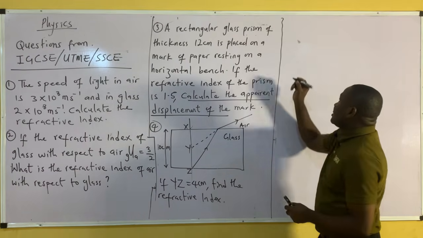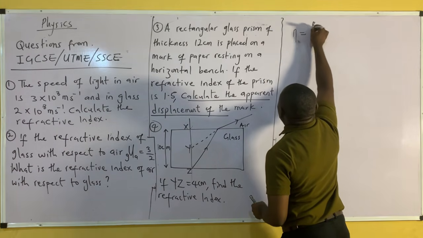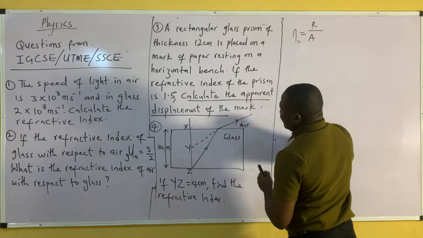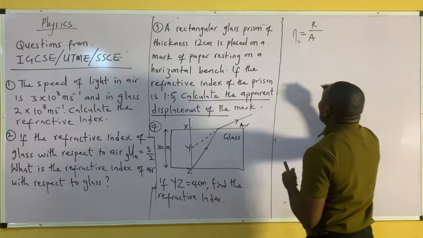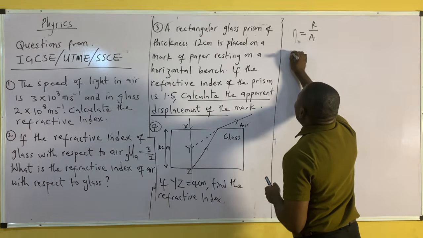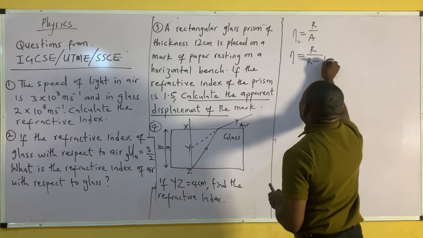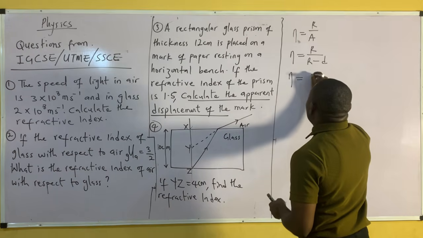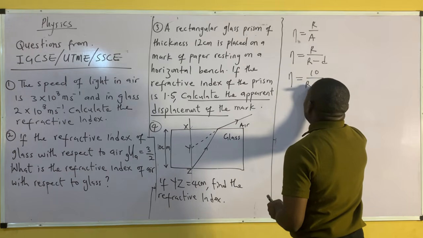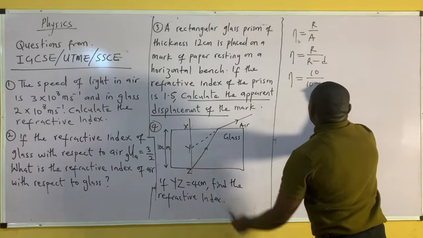So now refractive index is equal to real depth over apparent depth. But in a case where there's no apparent depth, what do we have? We'll now say that refractive index equals real depth over real depth minus displacement. So refractive index is equal to real depth, which is 10, over real depth, which is 10, minus displacement, which is 4.